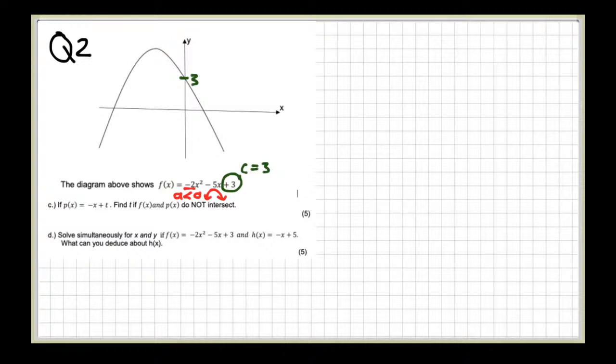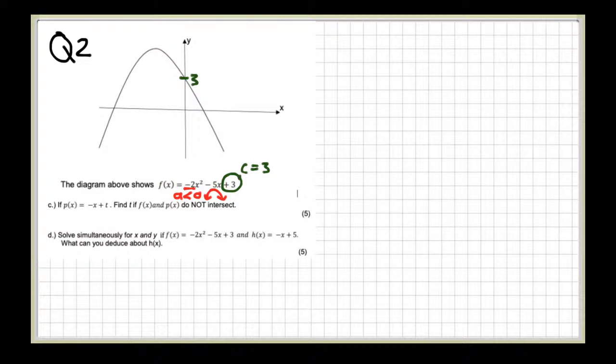On purpose, I didn't do A and B because it was simple solving of x, those kind of questions. But question C is a beautiful, lovely question. If p of x is equal to negative x plus t, find t if f of x and p of x do not intersect.